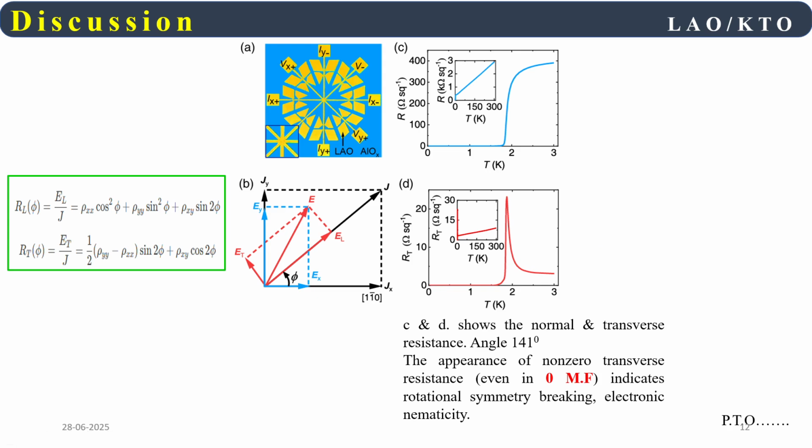Here the results look like zero resistance, but it is clearly mentioned in the paper that the resistance is not zero, and you can also clearly see it in the magnetoresistance results. The authors measured the resistance across a particular direction by rotating the crystal at a particular angle of 141 degrees, to observe the superconductivity in the longitudinal and the transverse directions. This shows very beautiful results of nematic superconductivity.